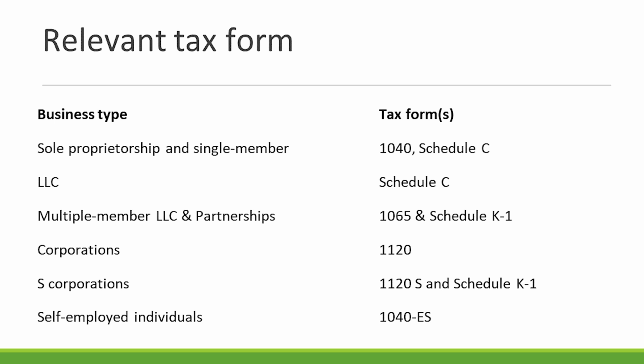You really want to make sure that you have a conversation with your tax preparer to make sure that you have the right information available to be effective in getting your tax returns filed in a timely manner.